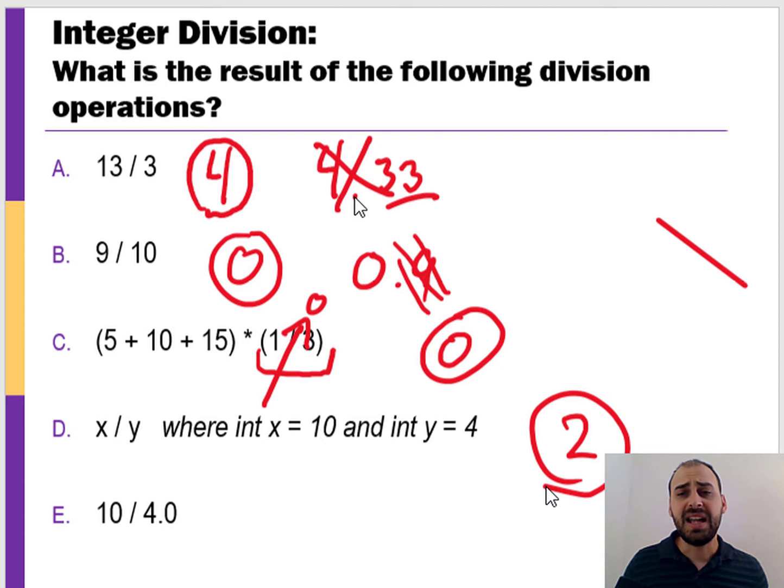Now, keep in mind, we did see a little bit of this earlier on. If we have a type double, which could either be a variable declared as a double, or something like 0.0 or point something that is interpreted as a double, it's different, because we're taking an integer and dividing it by a double.